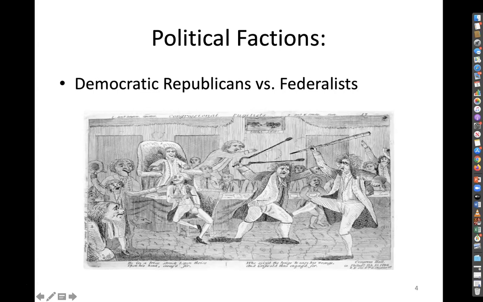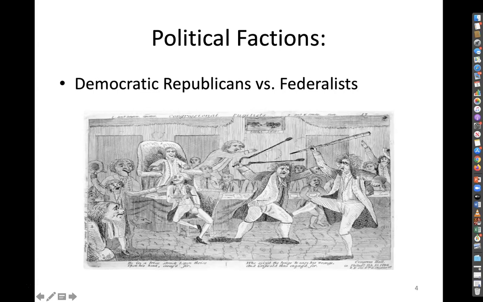And again, precedents would serve as examples in the future, guiding examples, if you will. Now, one precedent that does get established very early in our political history is the formation of political factions. Basically, factions is another word for political parties. That's the term they used back then. Instead of political parties, they tended to use the word political factions.